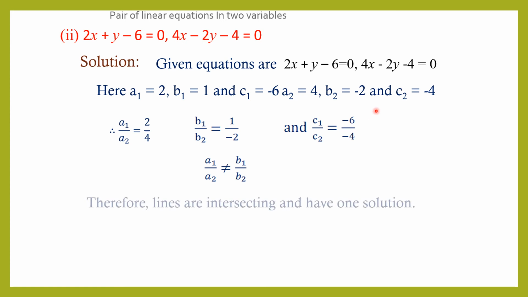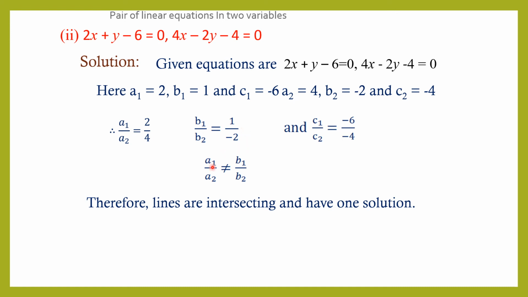Now what do you observe here? a1 by a2 is not equal to b1 by b2, because a1 by a2 means 2 by 4, which is written as 1 by 2. But b1 by b2 means b1 is 1 and b2 is minus 2, so this is 1 by minus 2, or minus 1 by 2. So 1 by 2 and minus 1 by 2 are different values.